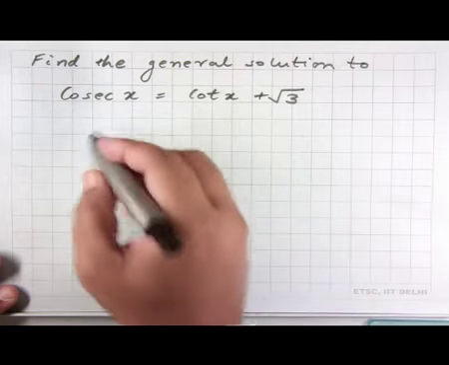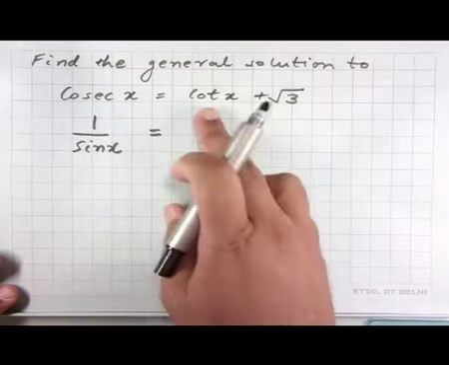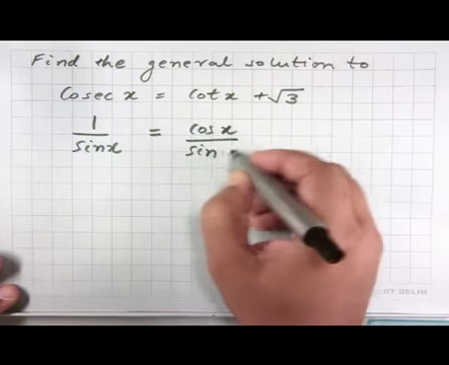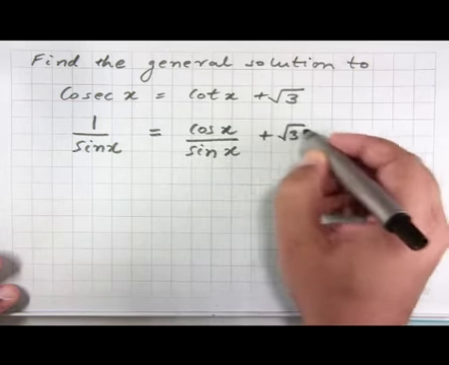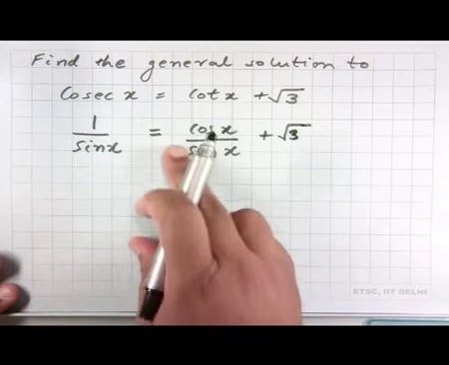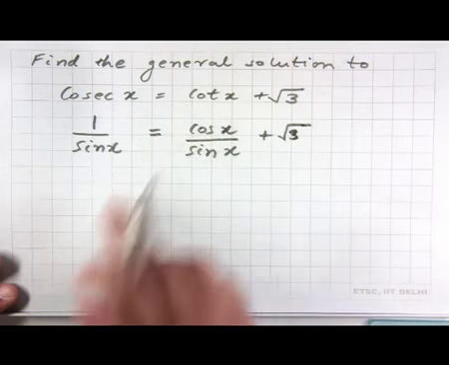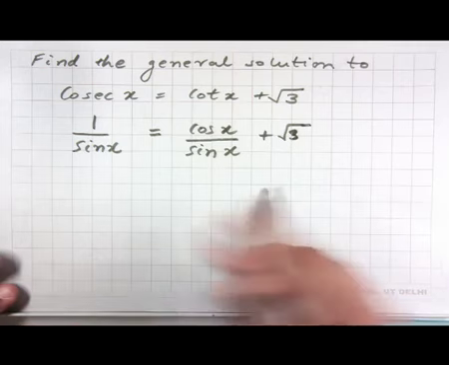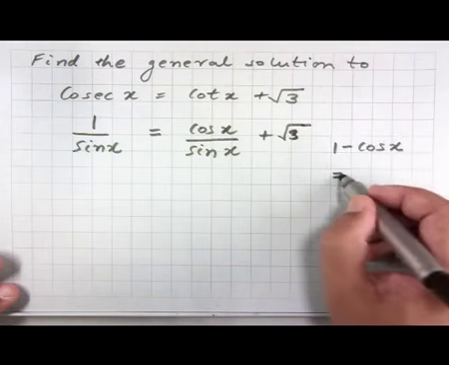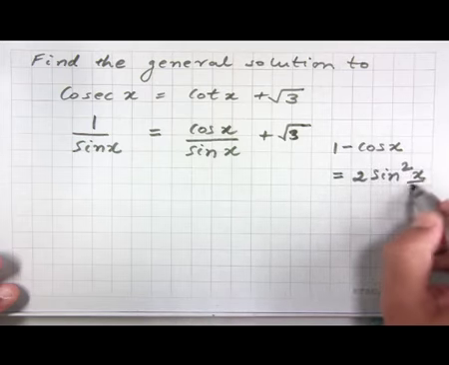So, we know that cosecant of x is 1 over sin x equals, we can write cotangent of x as cos x over sin x plus square root of 3, and then we bring this term on the left hand side because we see that 1 minus cos x is something that we know, that 1 minus cos x is equal to 2 sine square x by 2.